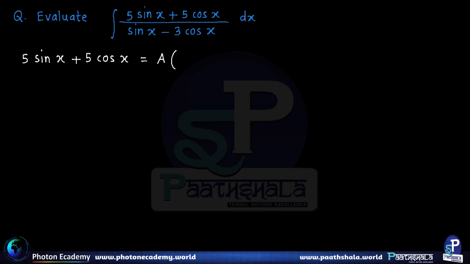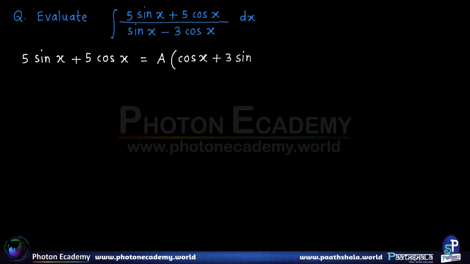Now for the denominator sin x minus 3 cos x, the derivative will be cos x plus 3 sin x, right, plus b into the denominator itself, that is we write sin x minus 3 cos x, right.